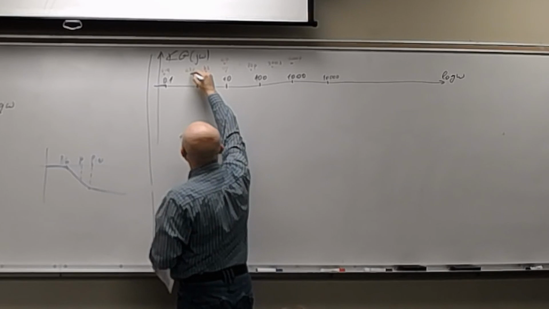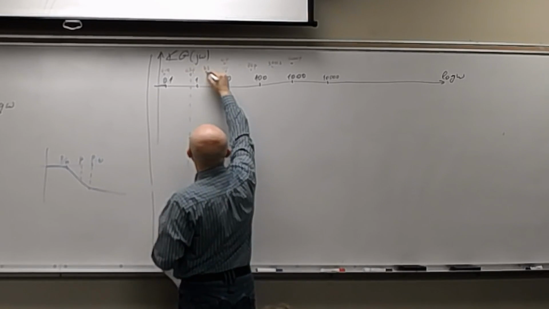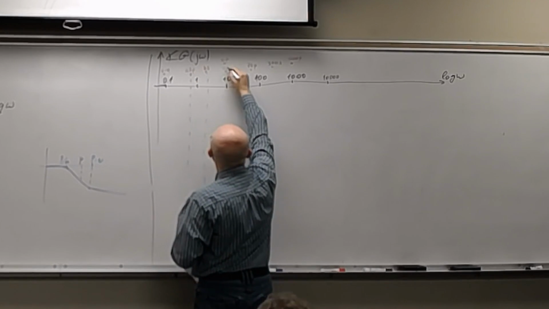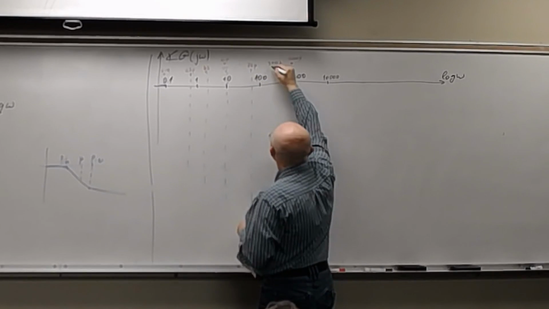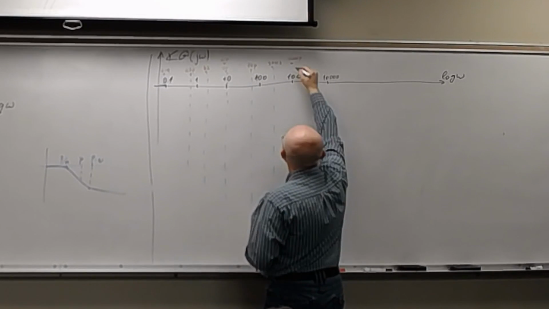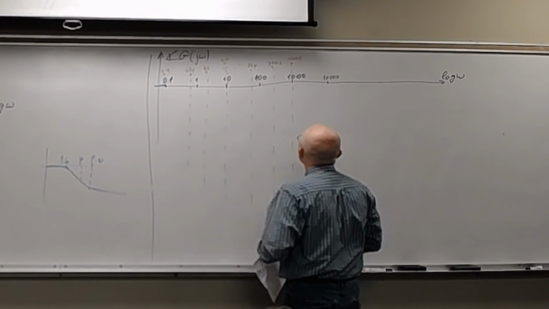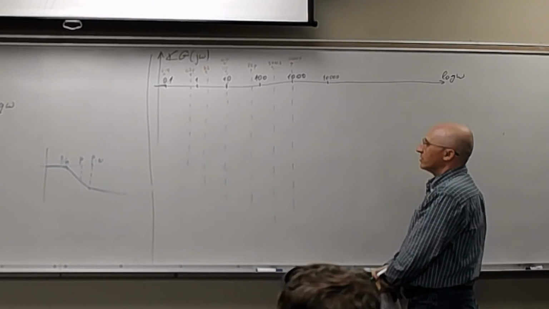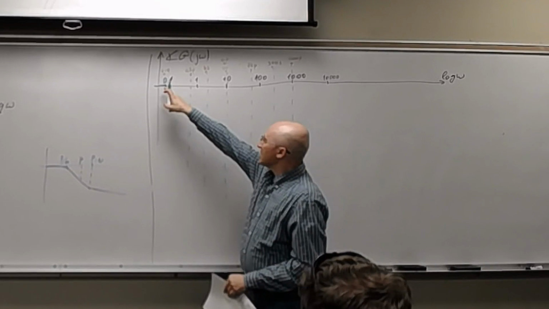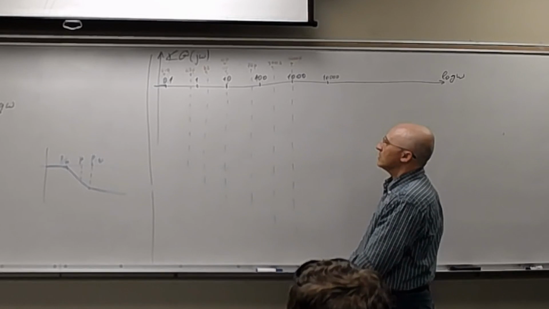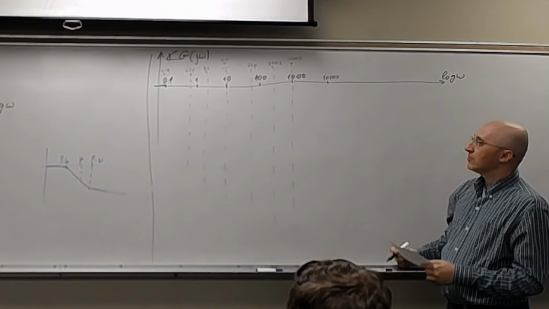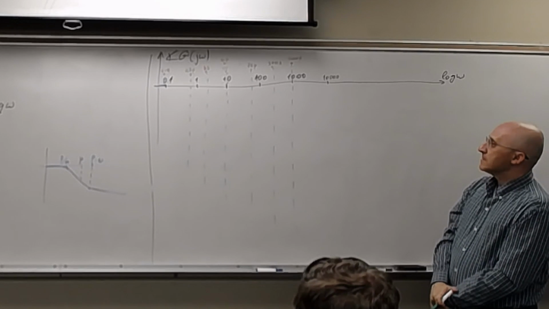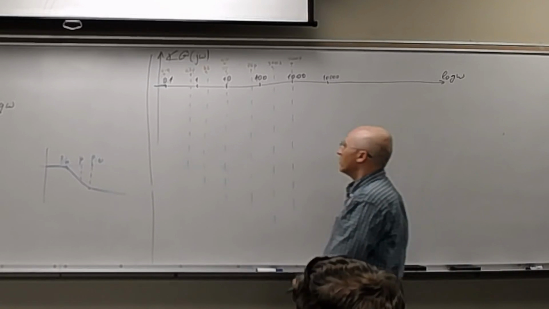And now let's put all those lines together where it's changing behavior. Something of that kind. So we identify that it should start here, and then it should go down by 20 decibels.